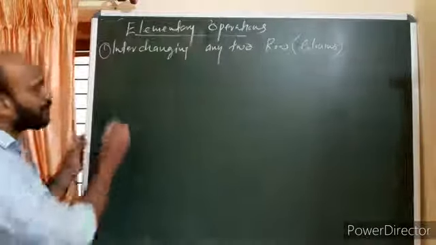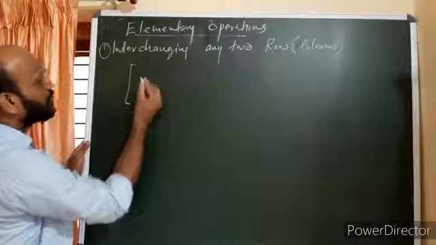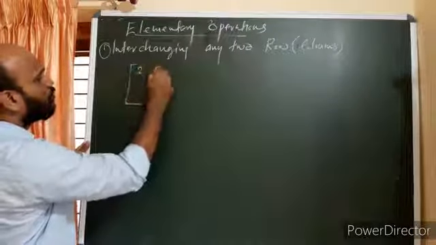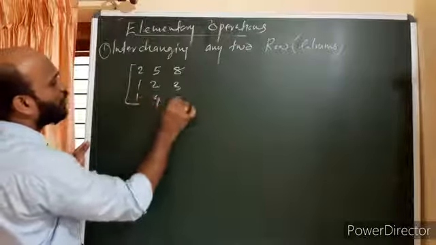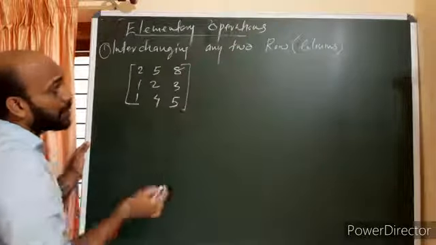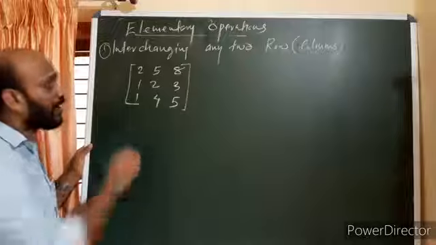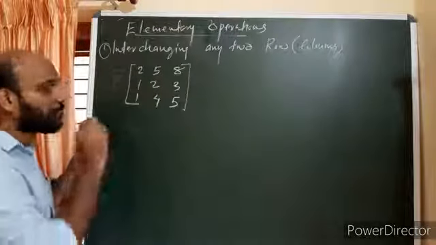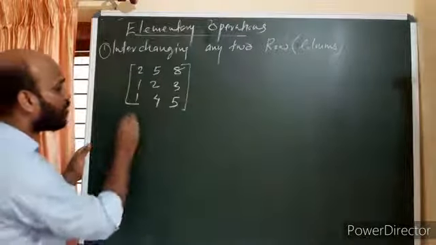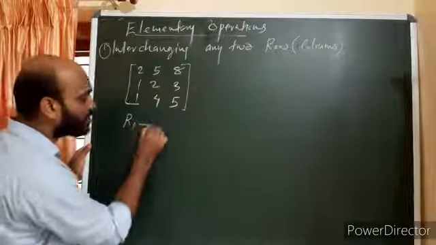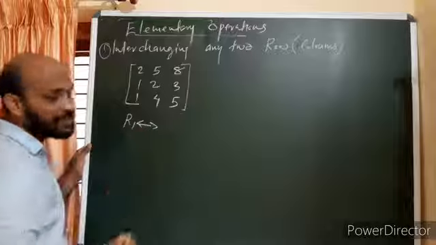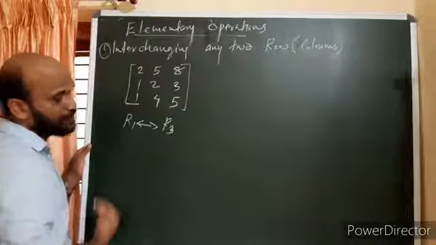I will explain with one example. Consider one matrix 2, 5, 8, 1, 2, 3, 1, 4, 5. Suppose I am using an elementary row operation and we are interchanging 2 rows. Suppose I want to interchange row 1 with row 3. So I have to write the rule like this: R1 interchanging with R3.